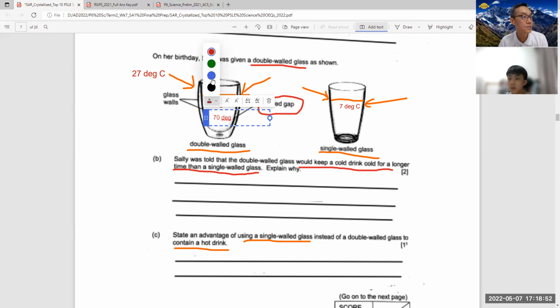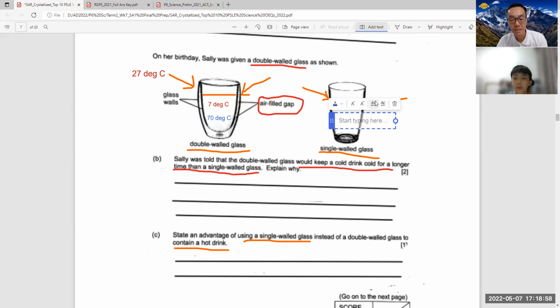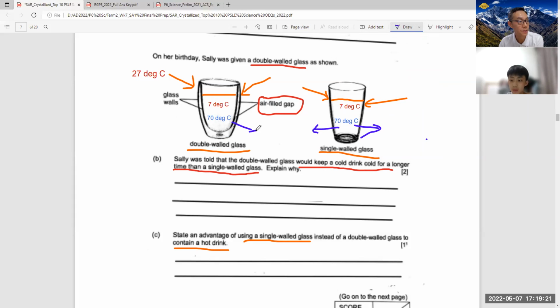If you put it in the single wall glass, because the temperature of the drink is higher than the external, it will lose heat to the surrounding, because heat flows from higher temperature to lower temperature.